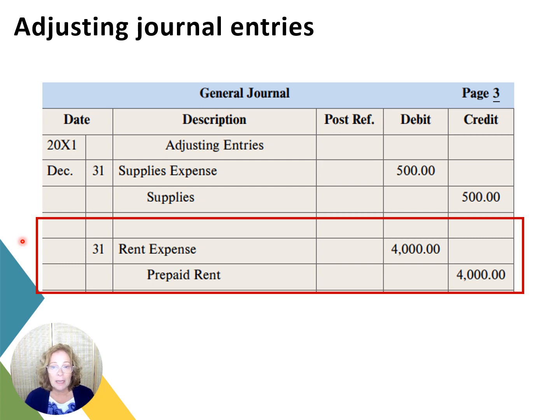To record that entry in the general journal, we write the date into the date column, rent expense in the description column, and $4,000 into the debit column. On the next line, we slightly indent, write prepaid rent into the description column, and $4,000 into the credit column.